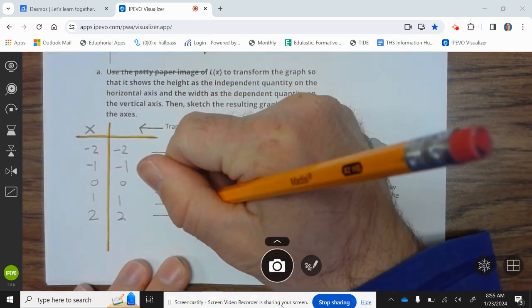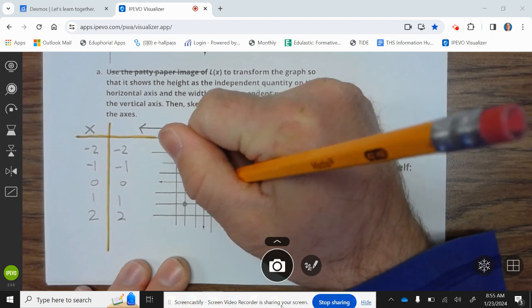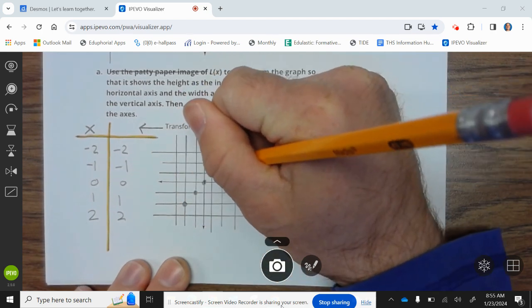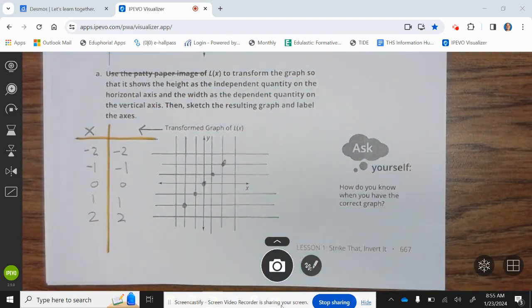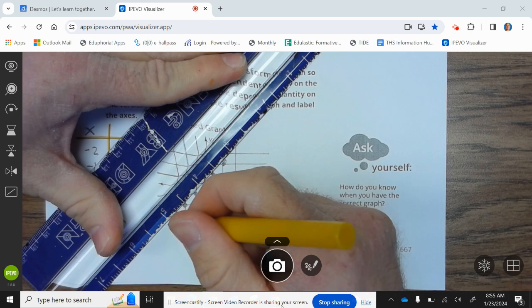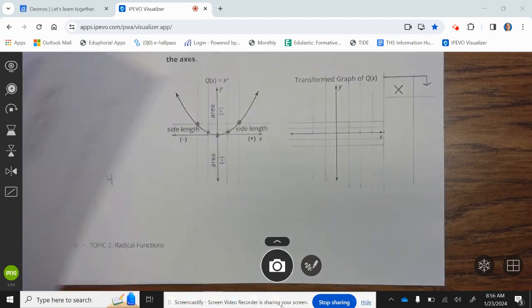So -2, -2, -1, -1, 0, 0, 1, 1, 2, 2. All right, go ahead and complete that. All right, let's take a look at the next page.